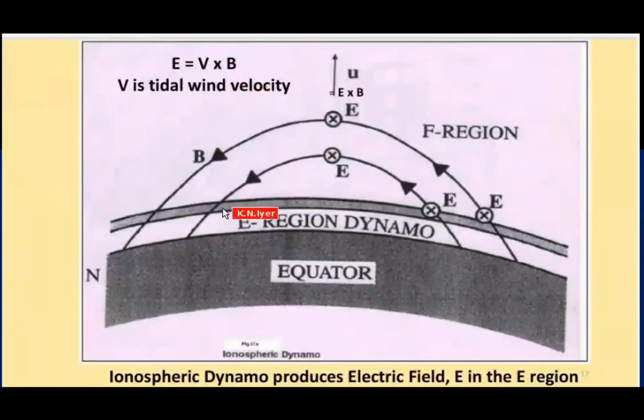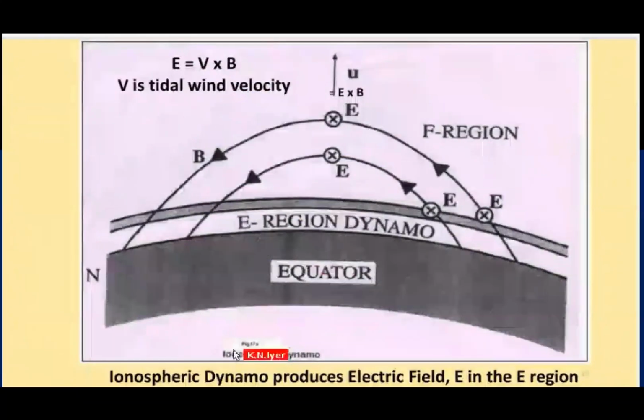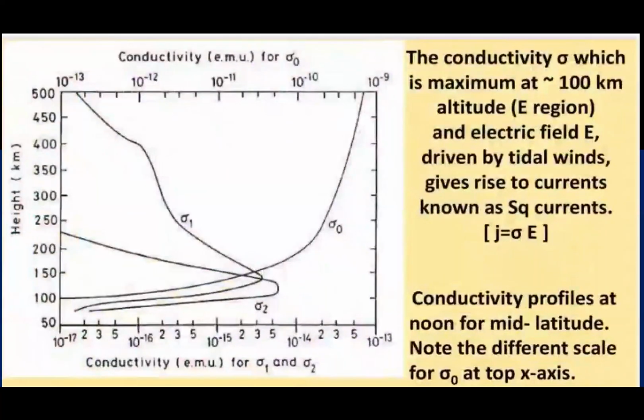And the electric field in the E region drives a current because the E region has very good conductivity. These currents are called dynamo currents. The conductive structure of the ionosphere is shown here. In the presence of the magnetic field, the ionized medium becomes an anisotropic medium, and therefore the conductivity is not a scalar quantity. It is a tensor, and it has different components.